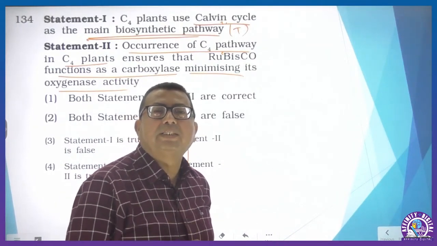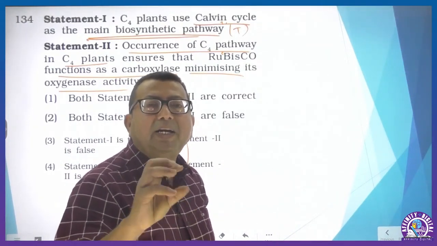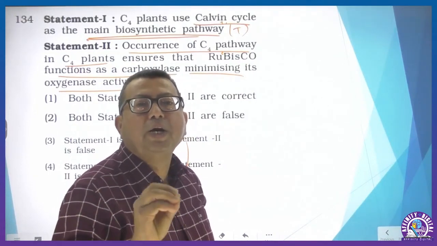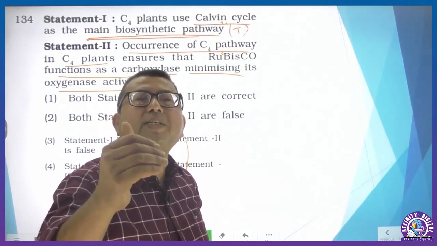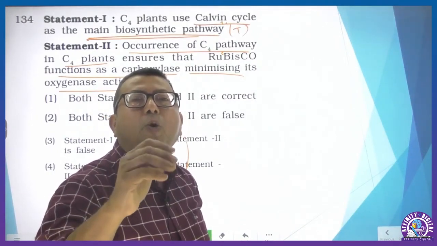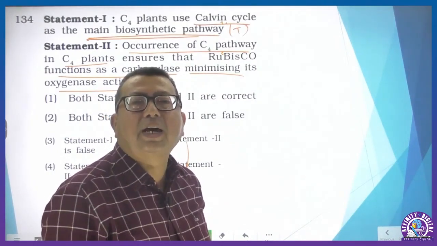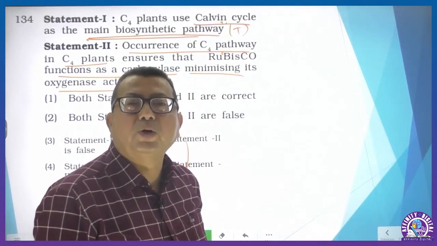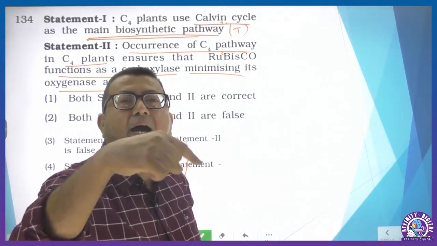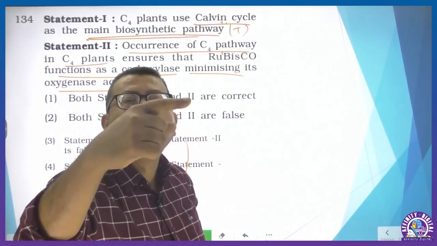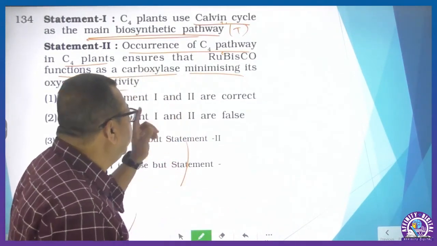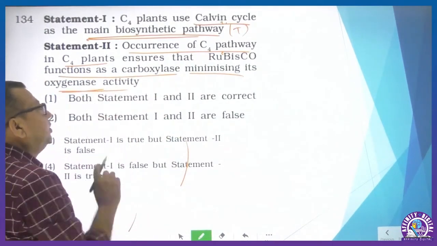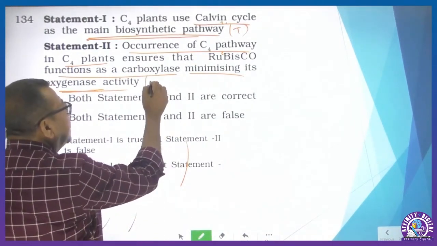Due to the occurrence of the Hatch-Slack pathway, the intracellular carbon dioxide concentration in the bundle sheath cells at the active site of Rubisco is always kept higher, so that Rubisco of C4 plants always fixes carbon dioxide and shows carboxylase activity to carry out the Calvin cycle or dark reaction almost in an uninterrupted way, thus minimizing the oxygenase activity of Rubisco. So both statements are true.